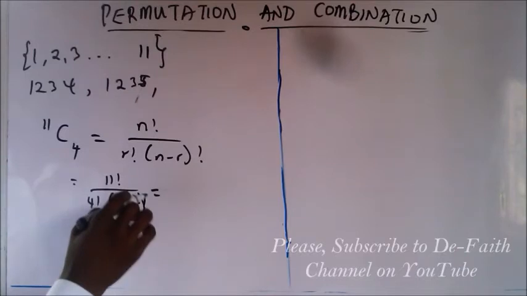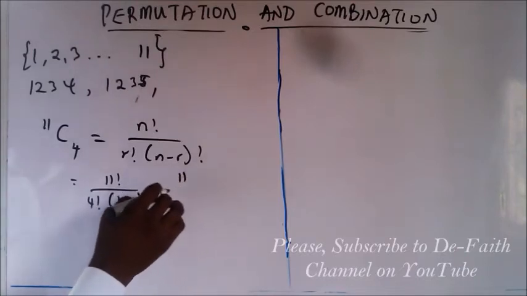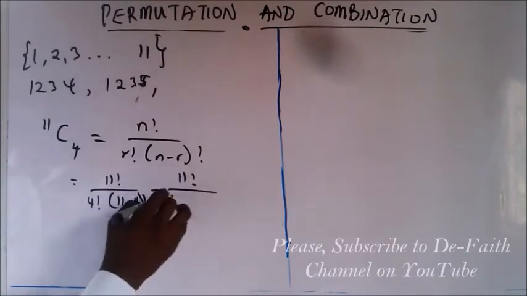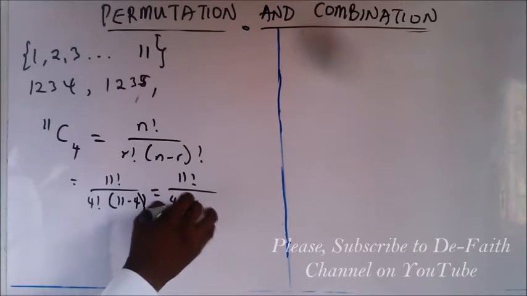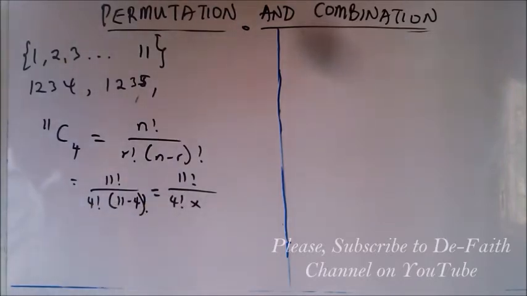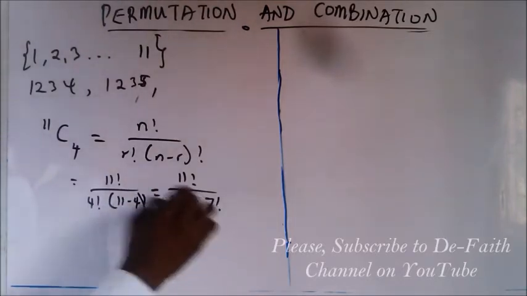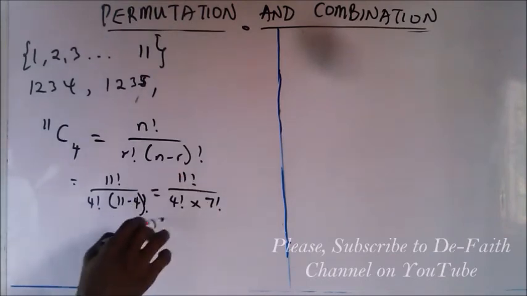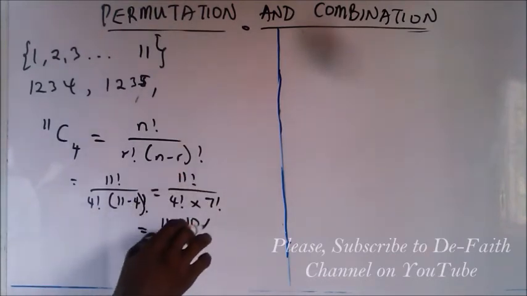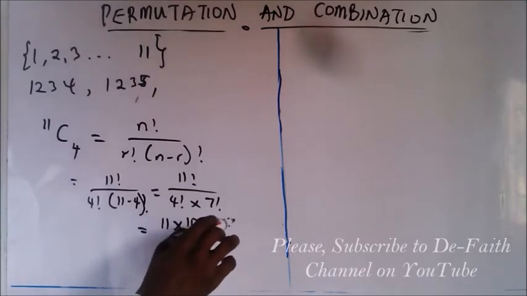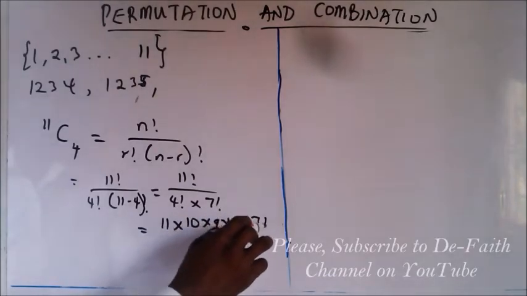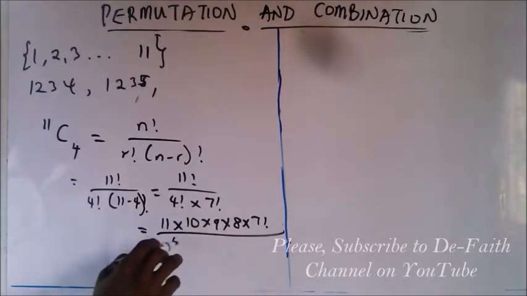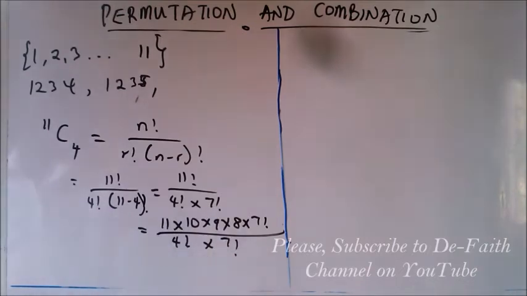That's okay, factorial, right? So we have 11 factorial over 4 factorial multiplied by 11 minus 4, that gives 7 factorial. With this, we have 11 times 10 times 9 times 8 times 7 factorial over 4 factorial times 7 factorial. Now it's time to stop at 7 factorial so that the 7 factorial can cancel out 7 factorial.